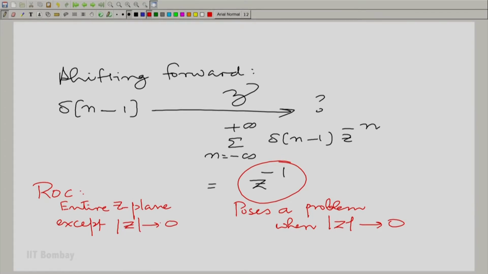So, the beauty is that when you are talking about moduli, then mod z tending to 0 is the same as z tending to 0, there is no problem. But mod z tending to infinity is, there are many ways of defining it. Of course, here you would think of it as a circle with a growing radius. Anyway, so the extreme contours are a cause of worry when we shift.